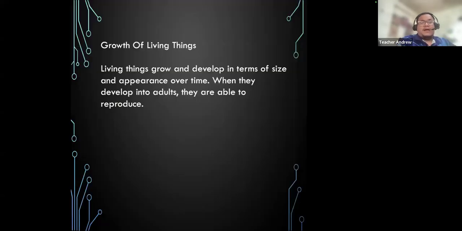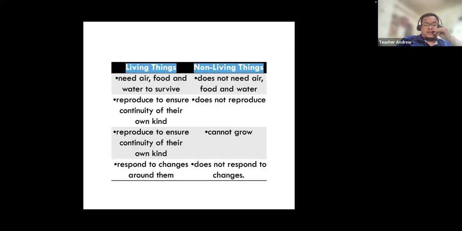Next up, after we look at the overview of reproduction of living things, let's look at the in-depth details of growth in living things. All living things, as I mentioned earlier, will grow and develop in terms of size and appearance over time. When they develop into adults, they are able to reproduce.